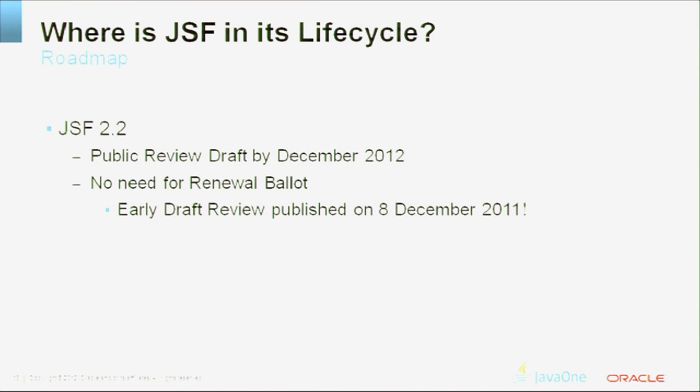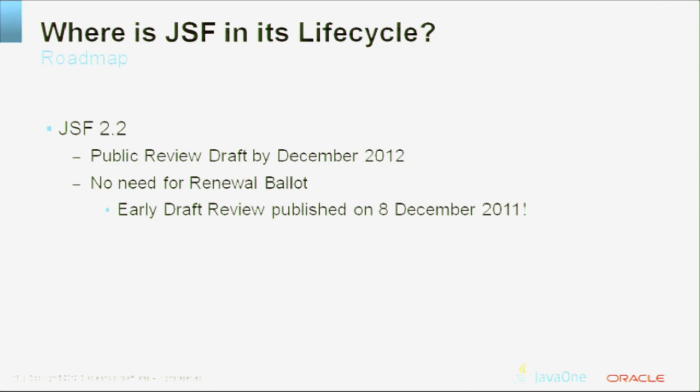We are hoping to hit public review draft by December of this year, and JCP 2.8 has introduced a number of new requirements that actually put a time limit on things, but we are within the time limit of having to have a renewal ballot. You have to have less than a year between when you have your early draft review and when you have your public review.